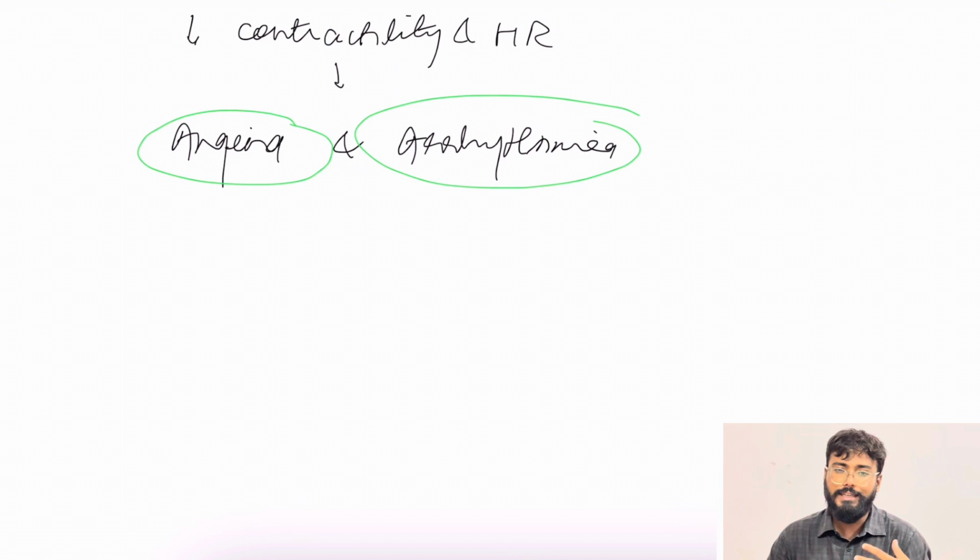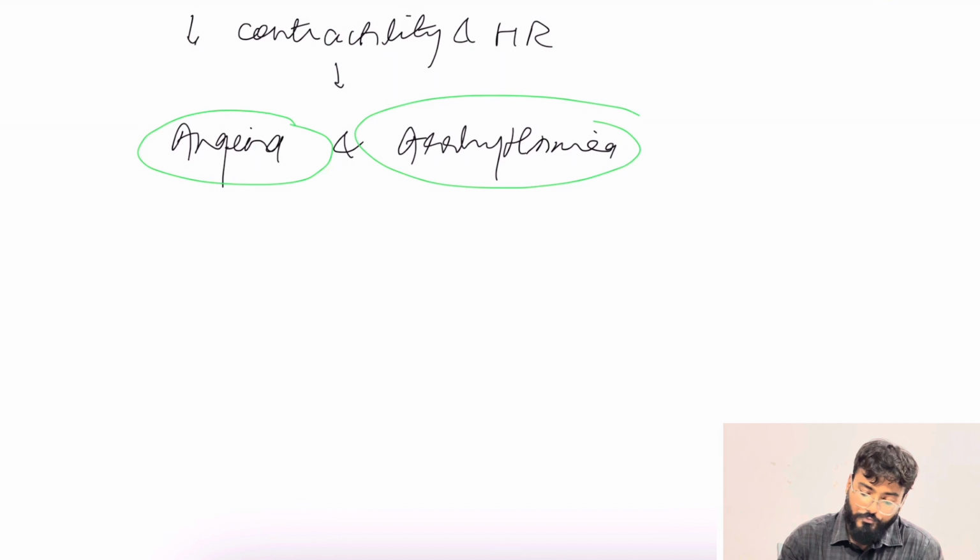So if there is less oxygen, the heart will need more oxygen in order to function properly. If the heart needs to function like it usually does when it's normal, it will need more ATP, more energy and more oxygen, and that we don't have because the coronary artery is blocked.